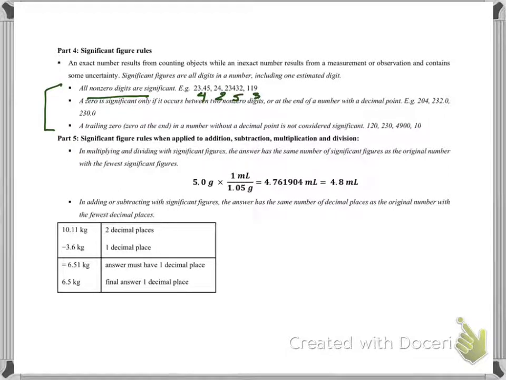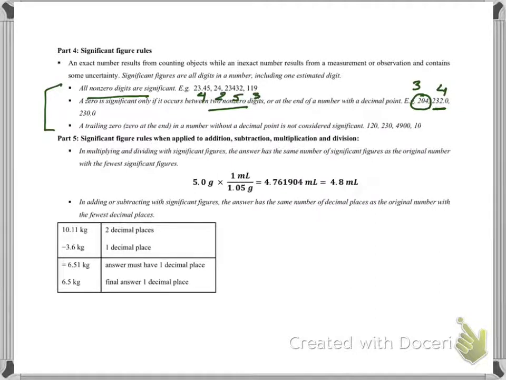Now 0 is significant only if it is between two non-zero numbers, like we see in this case. So this 0 is significant, so that means there are 3 significant figures. Or it is at the end of a number, but then there is a decimal point in the number. So here the 0 is at the end, but can we see the decimal in the number? Yes. So that means this 0 is significant. So 1, 2, 3, 4.